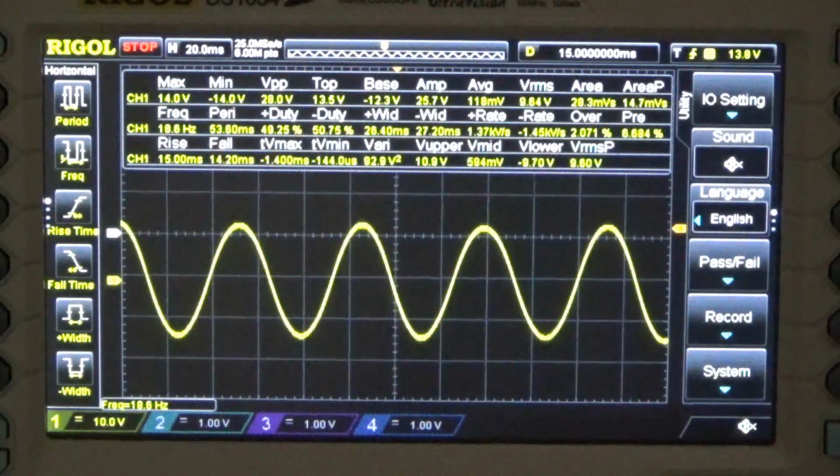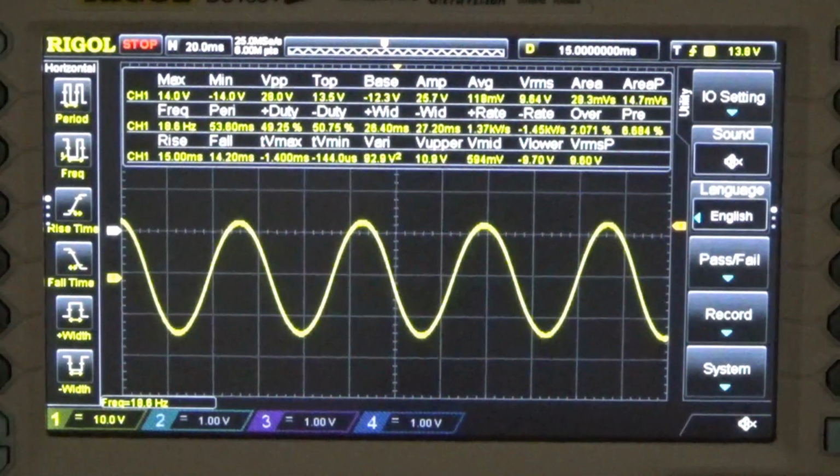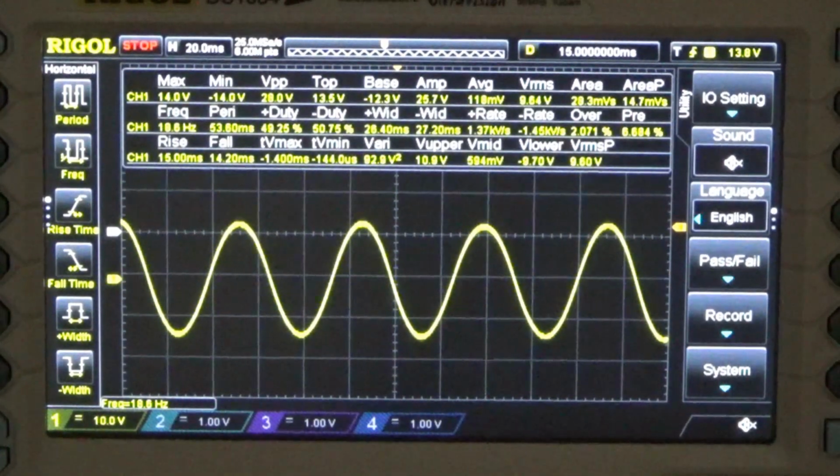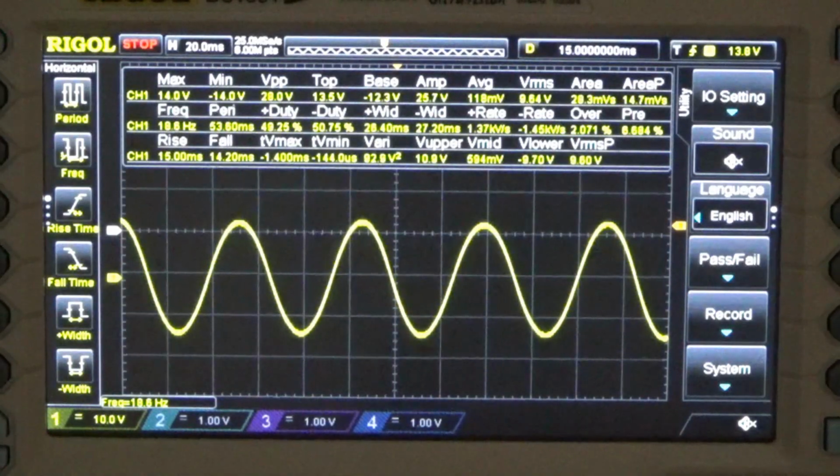This is at 28 volts peak to peak, and the frequency is 18.6 hertz. We've got 8 poles, so we divide that and then multiply by 60. So that's 140 RPM, and we've got 14 volts. So that's pretty close to what we want right there.